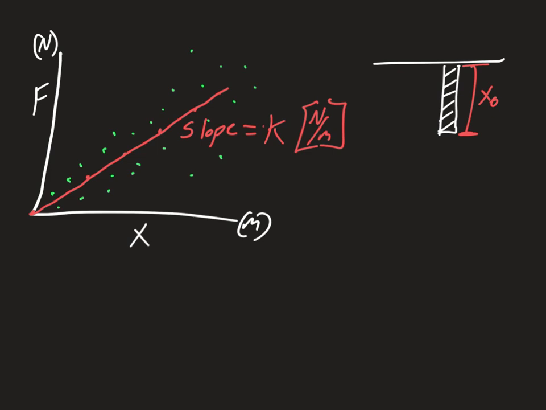So let's have the scenario again where we take that, and now we have our rubber band. It's going to be stretched a bit more this time, because this time we have, let's say, a 1 kilogram mass attached to it, right?